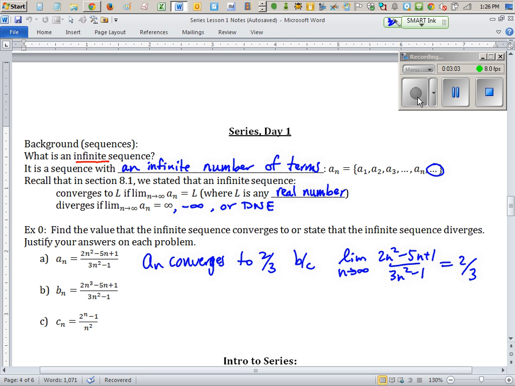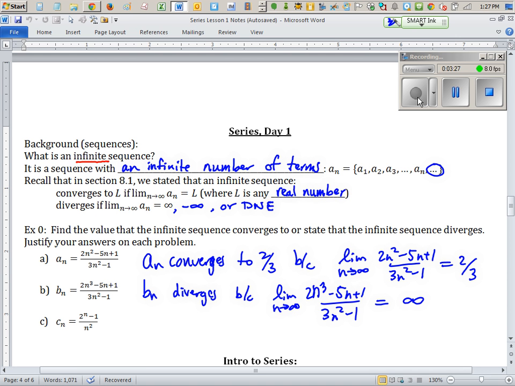So clearly it's top heavy. B sub n diverges because the limit as n goes to infinity of (2n cubed minus 5n plus 1) over (3n squared minus 1) is infinity.